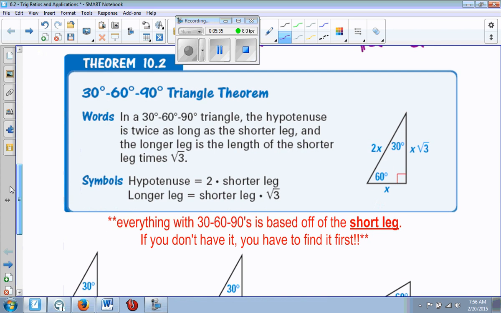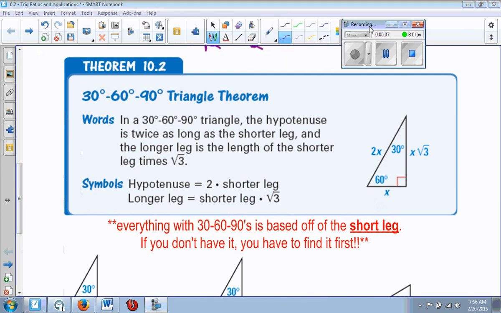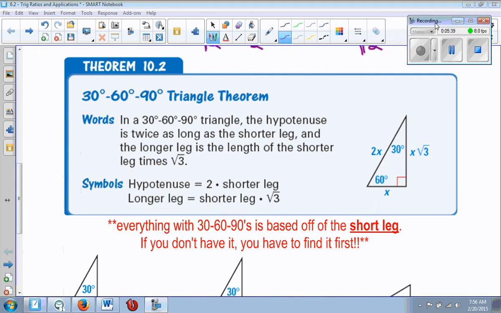Coming down, the next set is going to be 30-60-90s. So in a 30-60-90, the legs are different here because the angles are different. I always call the side length across from the 30 degrees the short leg, the one across from the 60 degree angle the long leg, and then the one across from the 90 degree is the hypotenuse.